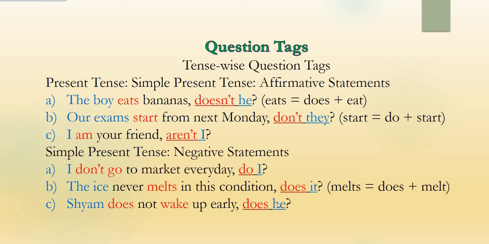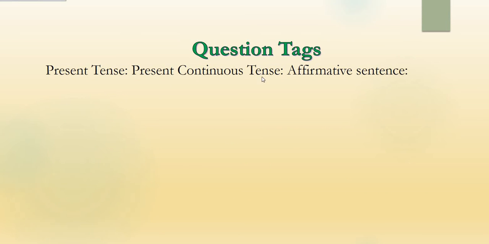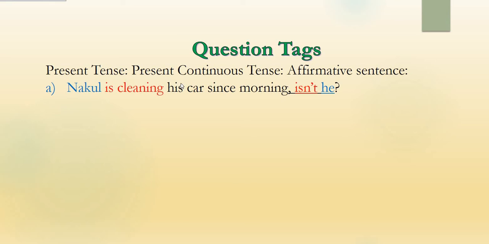Sham becomes he. I think you understood the basic idea of converting the sentence into its question tag and making it a question itself. Present continuous tense affirmative sentence. Nakul is cleaning his car since morning, isn't he? Is here. You have to add nt because this is a positive sentence.